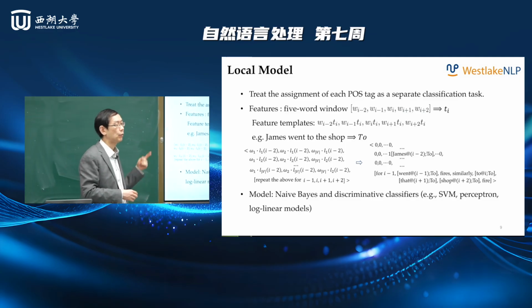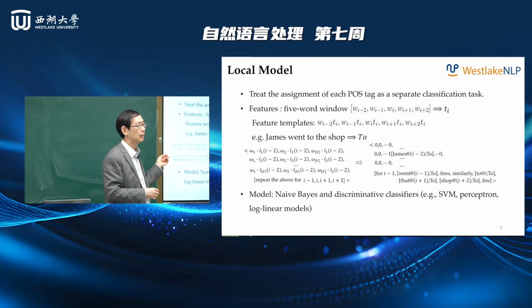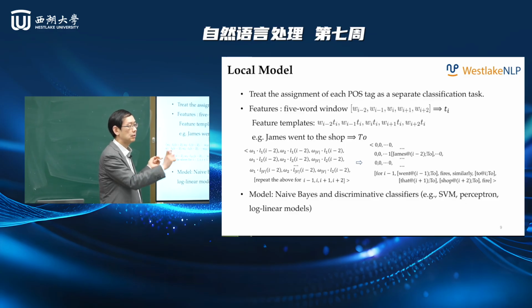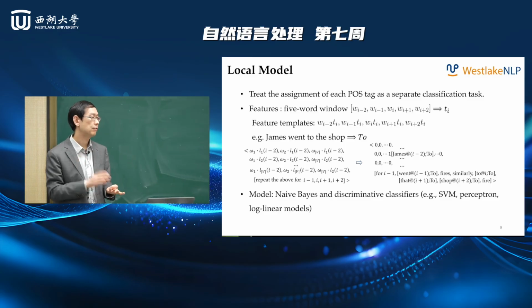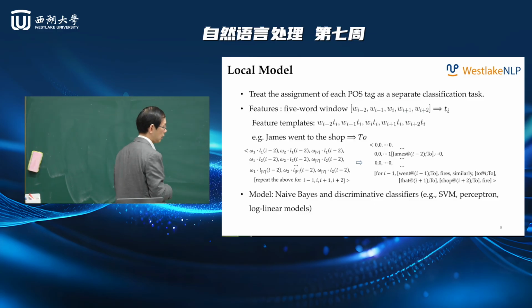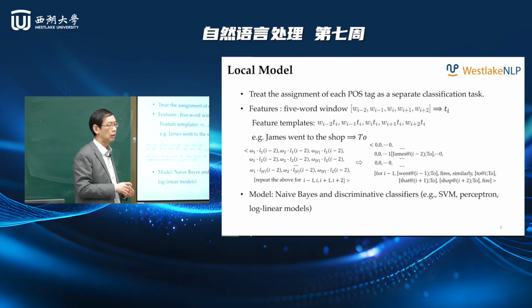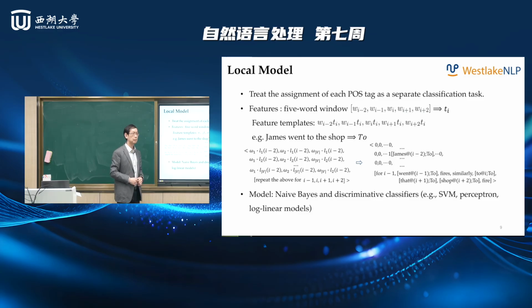Because when we have phi, then we just need to parameterize the model using a theta, right? And given a set of data with gold input and output sequences, we can train using SGD. We can train SVM, we can train a perceptron, we can train a log linear model, right?